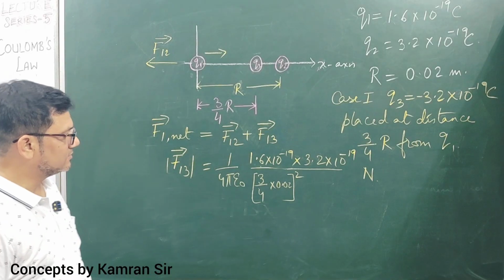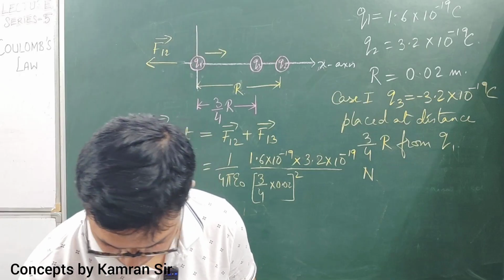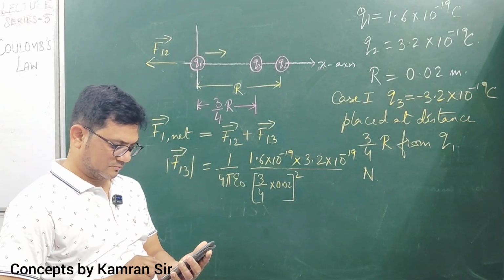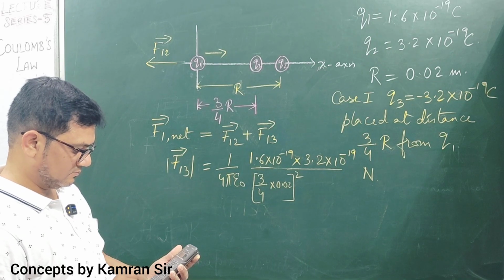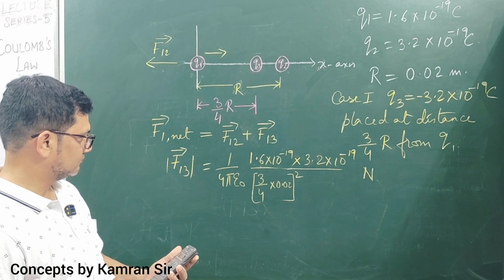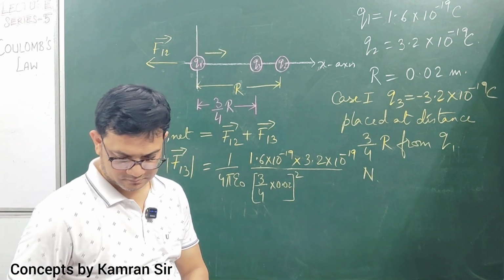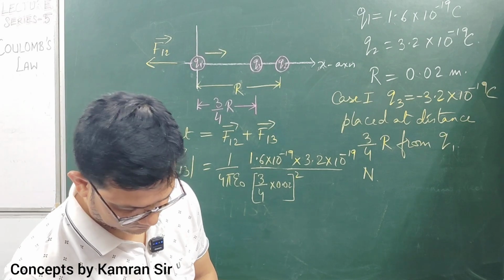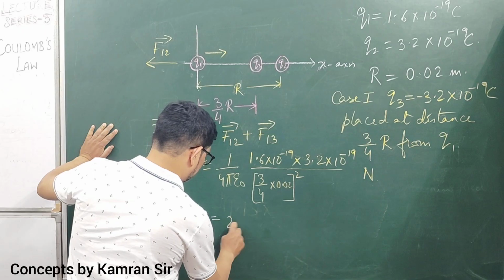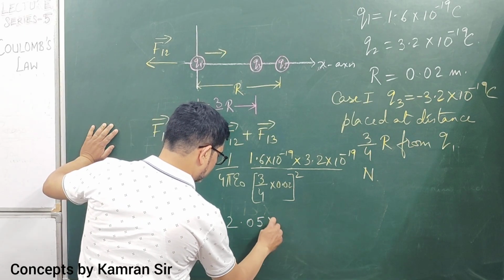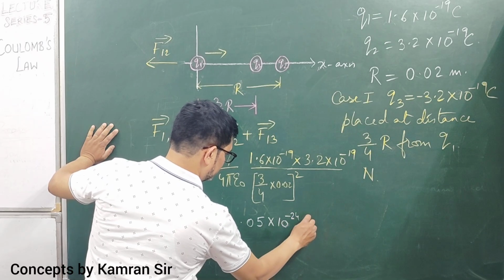If you calculate this, it's coming around 2.05 times 10 raised to the power minus 24 newton.